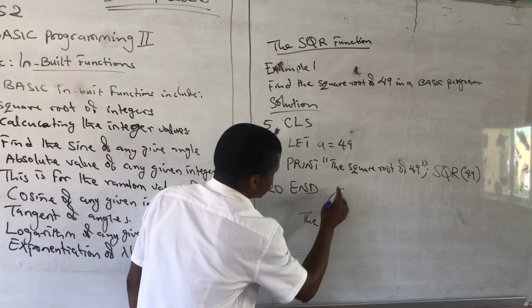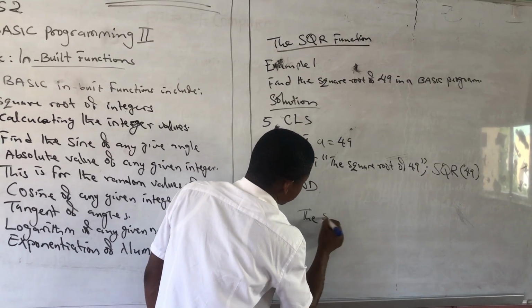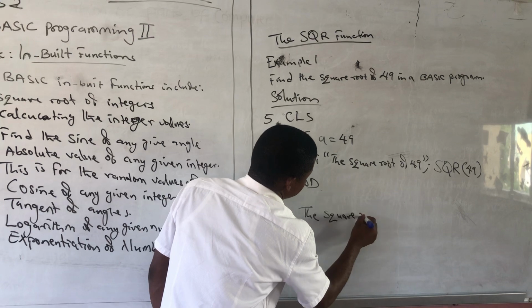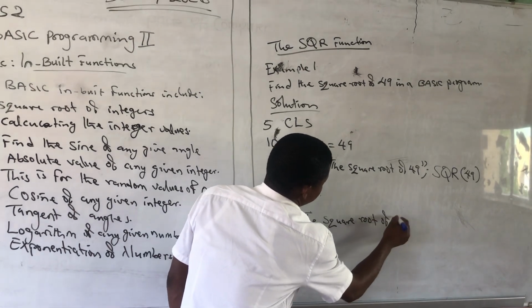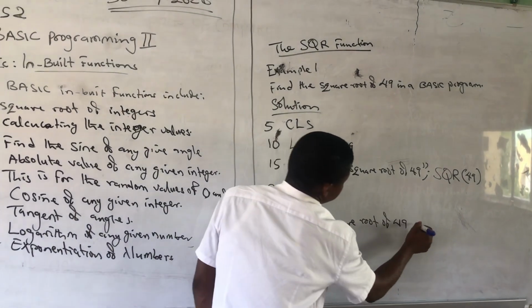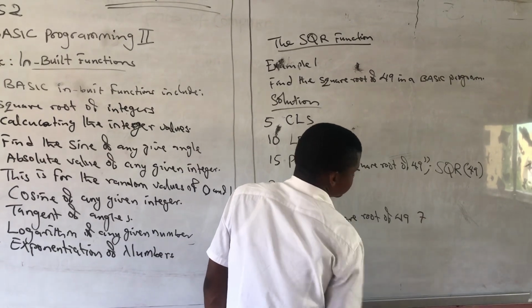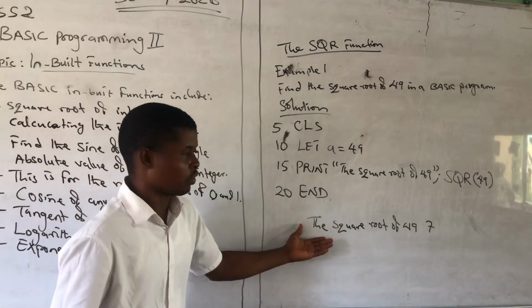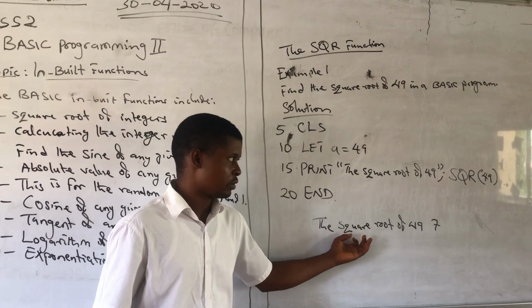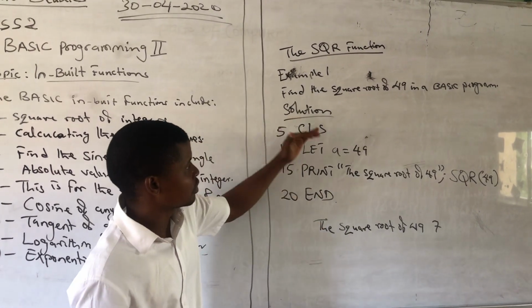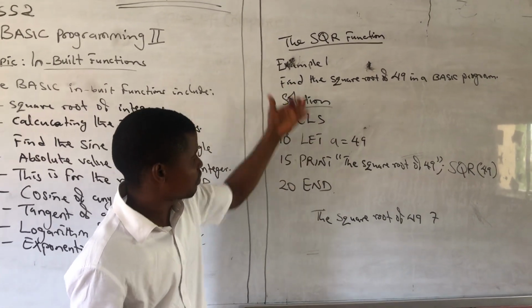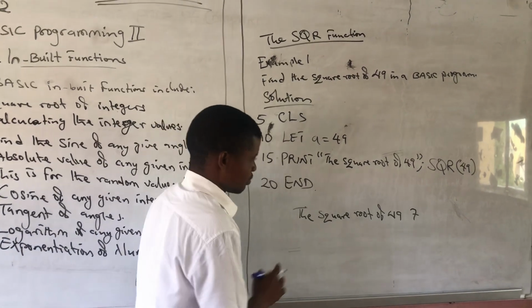It will print this on the screen, the square root of 49. Then it will print 7 on the screen as a result. So that is how we can implement this function in a BASIC program.